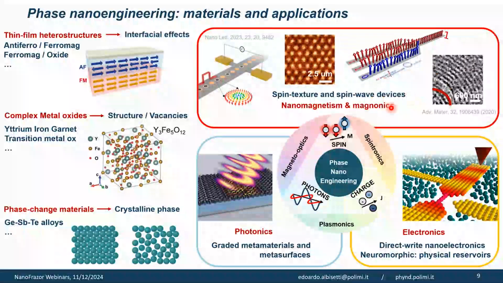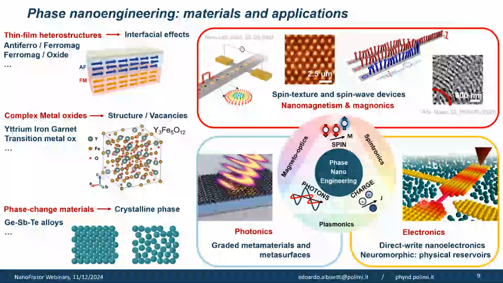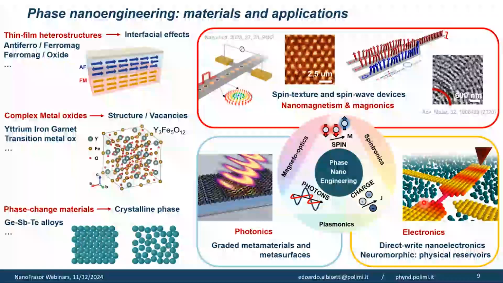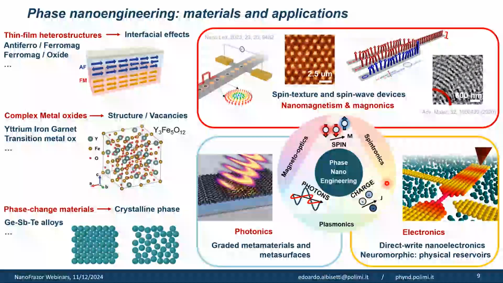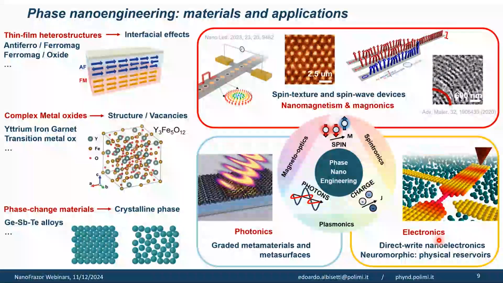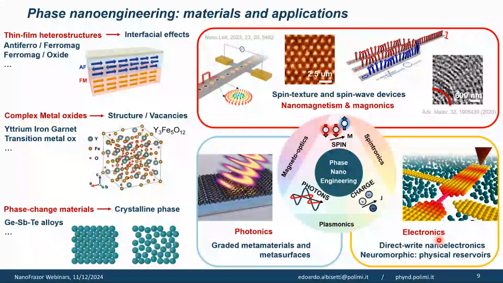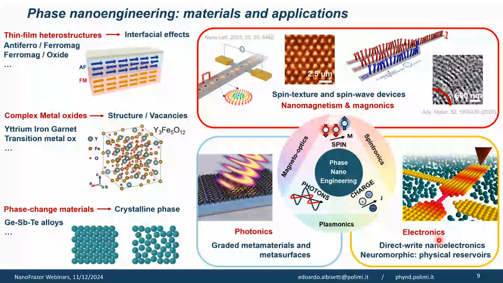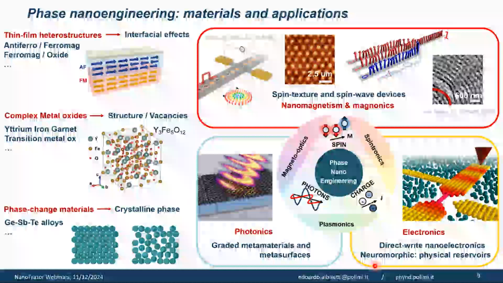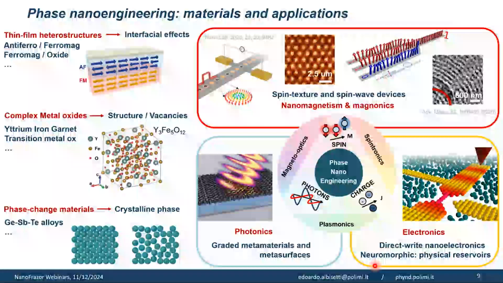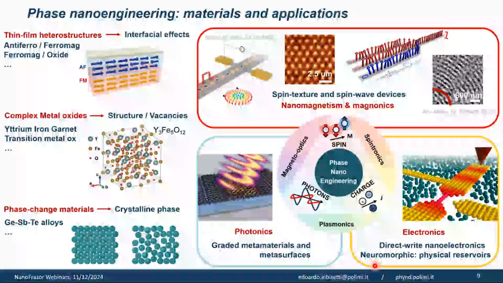for computing. But also in electronics, sticking to the possibility that we can access with phase nanoengineering, which we are exploring these days, we can have a way to control the conductivity of materials and write nanoelectronic components such as nanowires, dots, or tunnel barriers, really tiny ones directly on the material, or to craft the properties of the material to give it properties that it doesn't have at the beginning, such as nonlinearity.